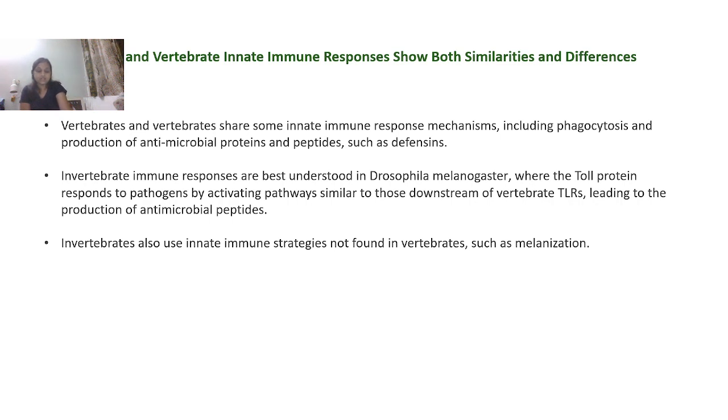These are the different aspects of the innate immune system, and as you can understand, it is broadly present from invertebrates to vertebrates, though their signaling and mechanisms will be different.